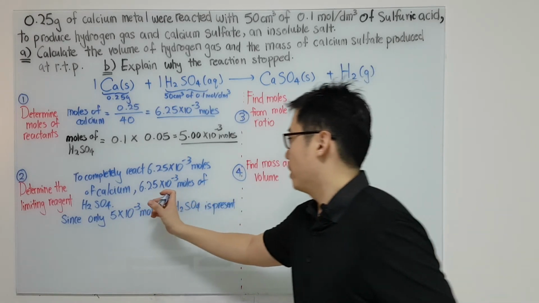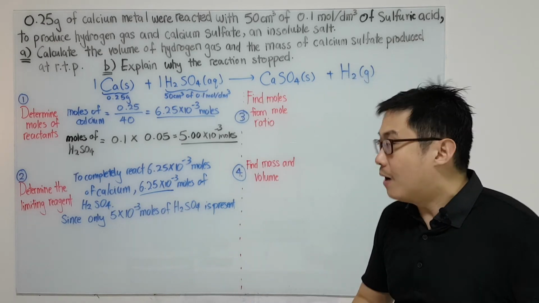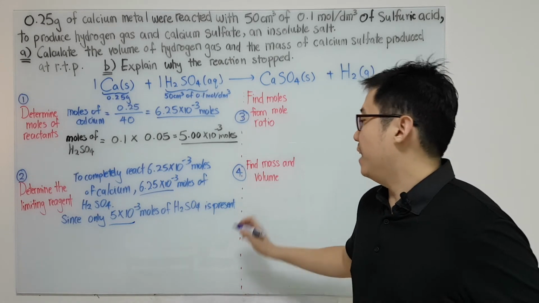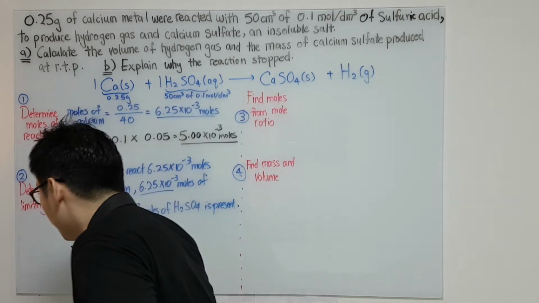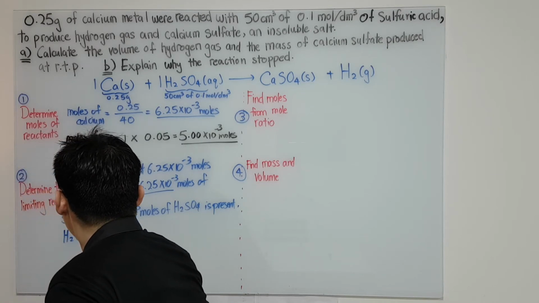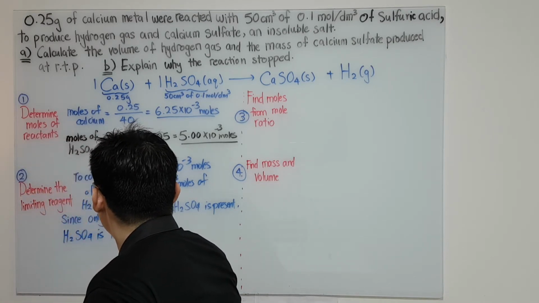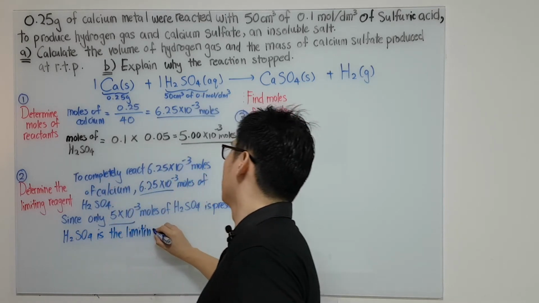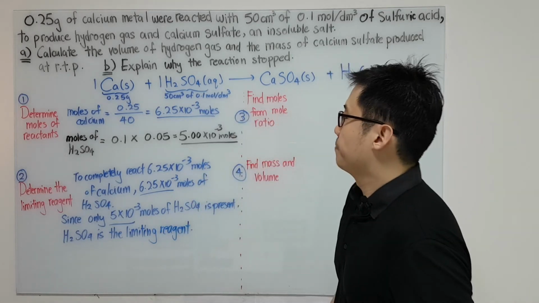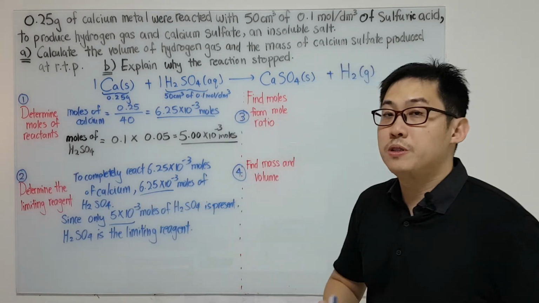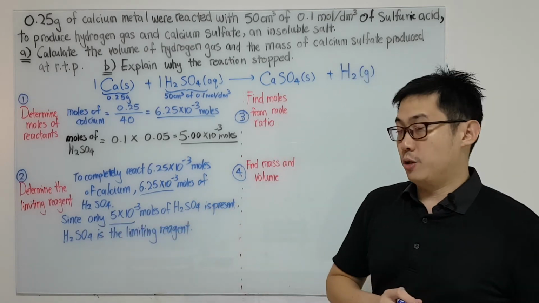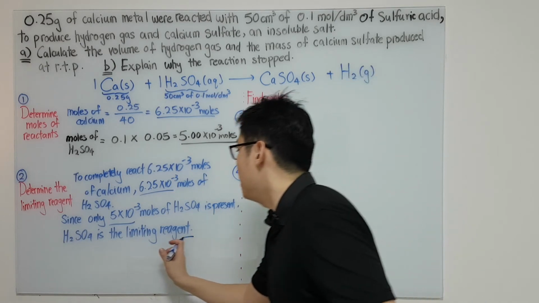You need 6.25 times 10 to the negative 3, but you are only given 5 times 10 to the negative 3. So your H2SO4 is the limiting reagent.